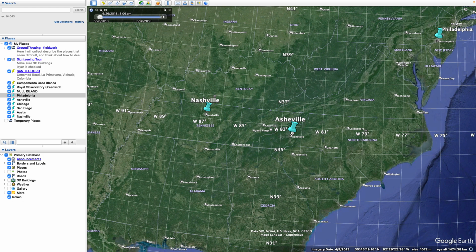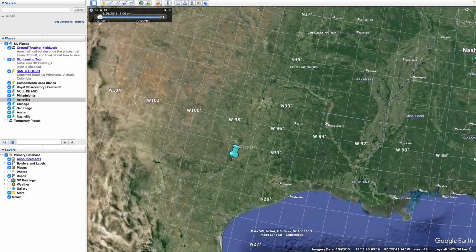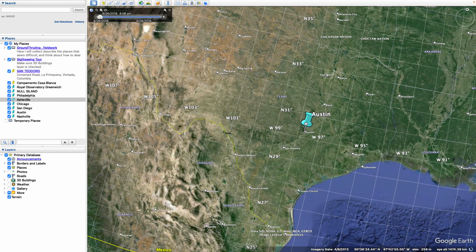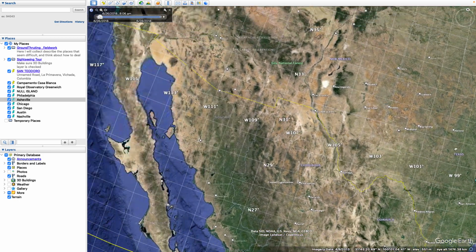Asheville around 35, 82, Nashville 36, 86, Austin 30, 97. See, as we move towards the west, the number increases, and as we move towards the north, the other number increases.